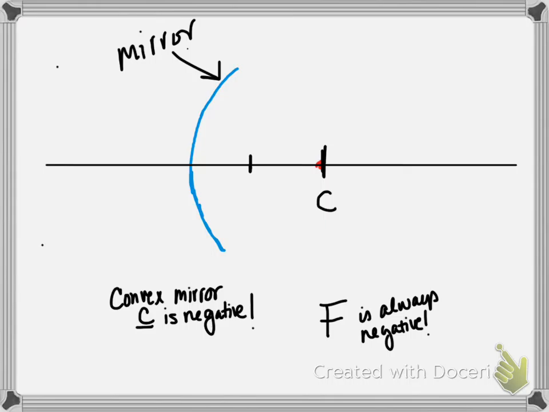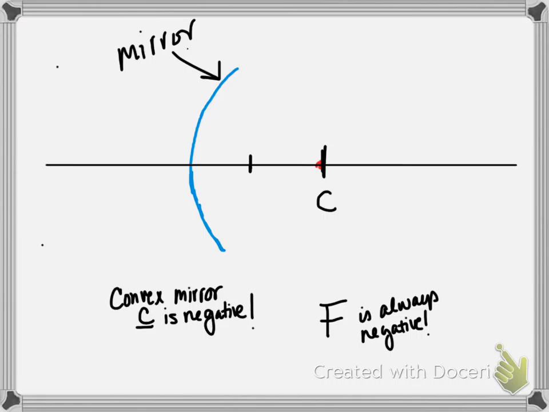What does that mean? Remember, in a concave mirror, there's a point where no image is formed. That's at the focal point. If you put an object right at the focal point, no image is formed.